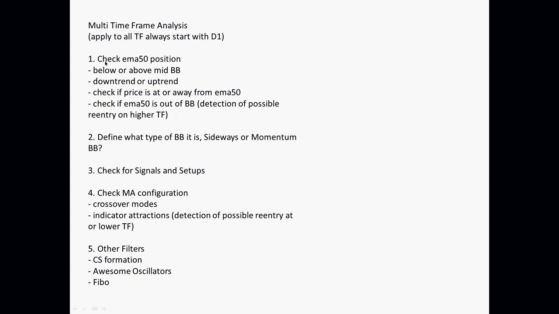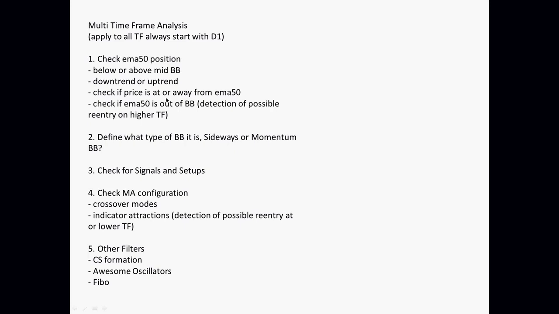Okay, so the first one is you check the MA50 position, whether it's below or above BB, because this will dictate if it's downtrend or uptrend. And then the next thing you need to check is whether the price is at or away from MA50, because if it's at MA50, then obviously this is a re-entry on a higher time frame. But if it's away from MA50, then maybe there's a setup on a lower time frame.